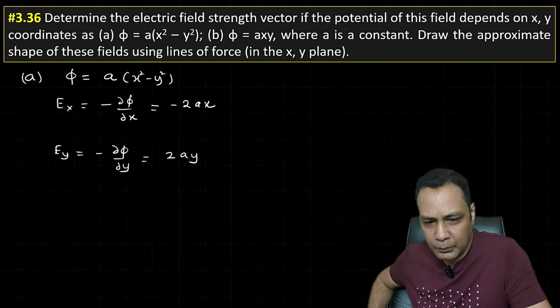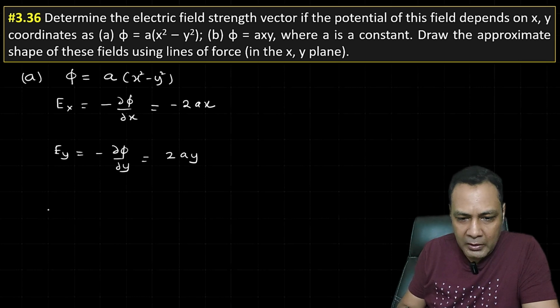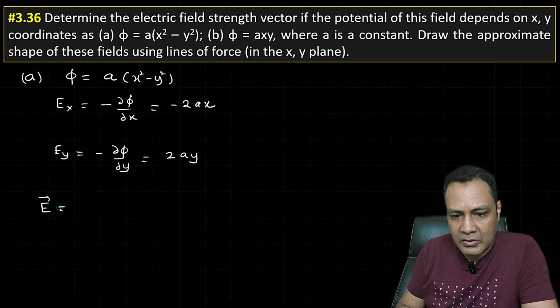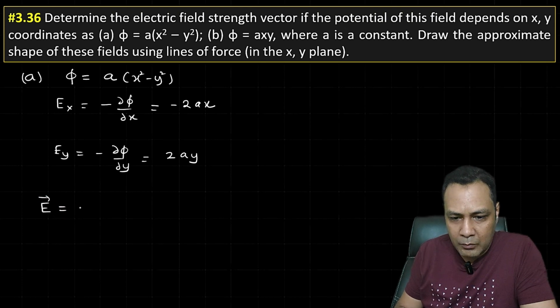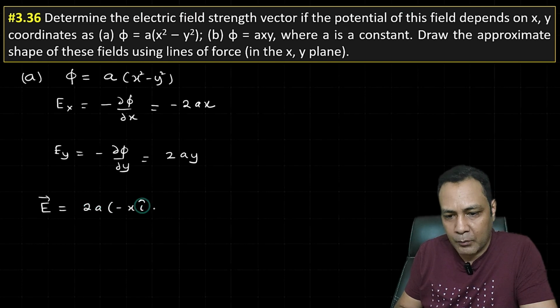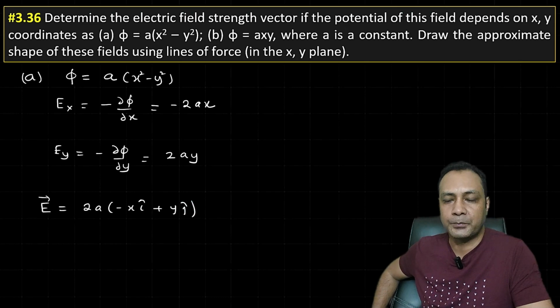So clubbing these two, I'll get the electric field vector as minus 2ax i cap plus 2ay j cap. I can take 2a common, so 2a(minus x i cap plus y j cap), and that is the electric field in case 1.